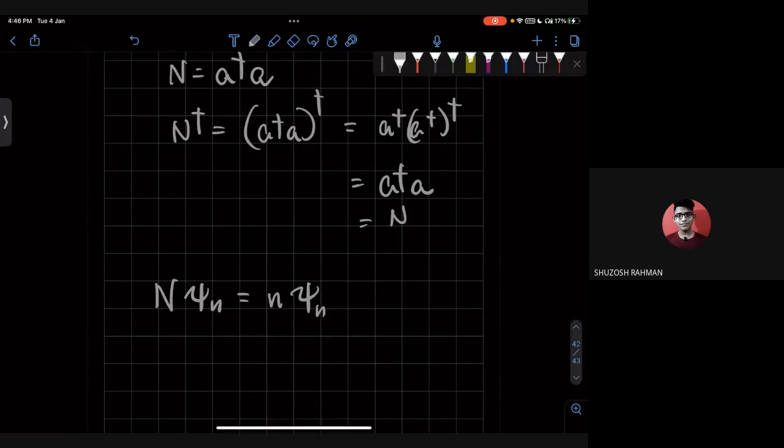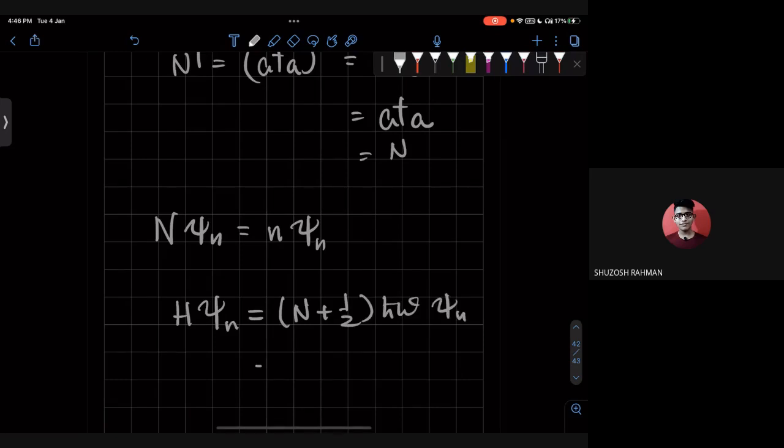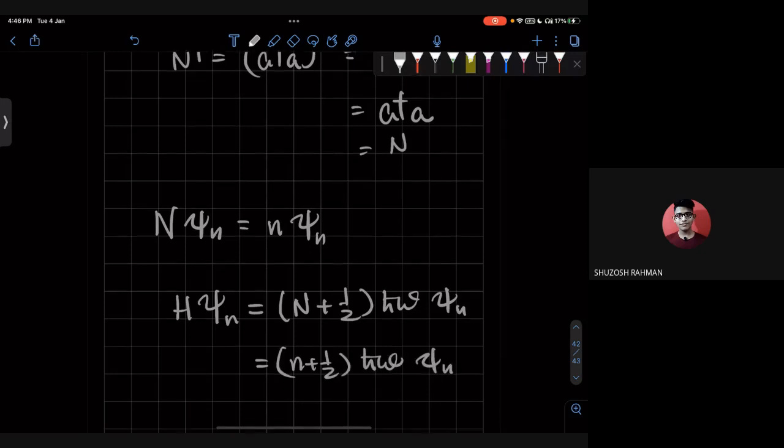If I do this, then the Hamiltonian acting on psi n is going to be n plus half h bar omega acting on psi n.